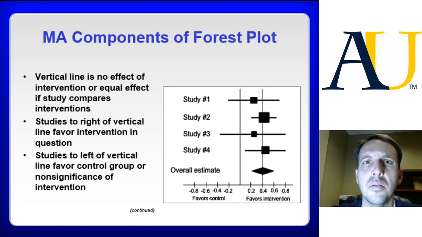We can now go to and say, all right, because of this forest plot here, we see that most of it is on this right side favoring the results, and so we're going to apply it. So we're going to then take this intervention in this case, and we're going to apply it as described within the research studies as best we can.